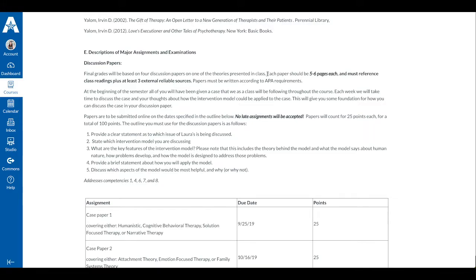Each paper should be 5 to 6 pages, and you have to reference the class readings plus at least 3 external reliable sources. I'm going to cover that in class to make sure that you guys know exactly what that means and how to find external reliable sources. And I'd like to show that to you in person rather than online.